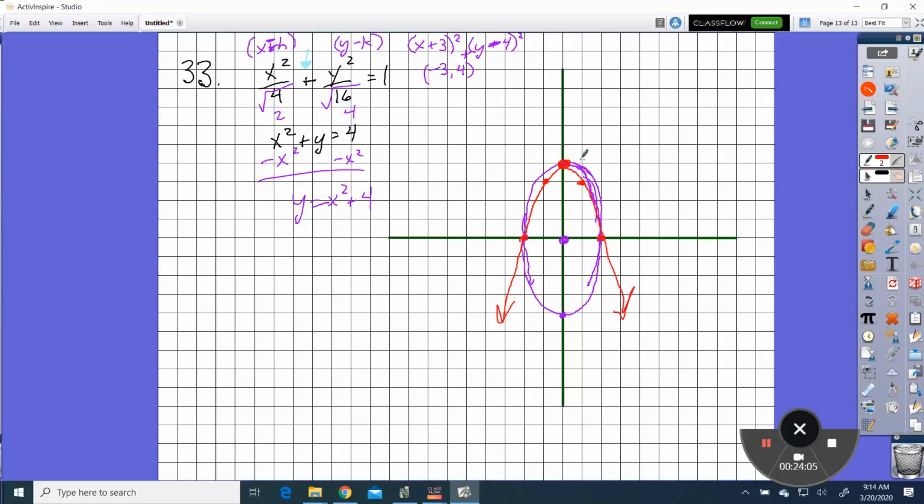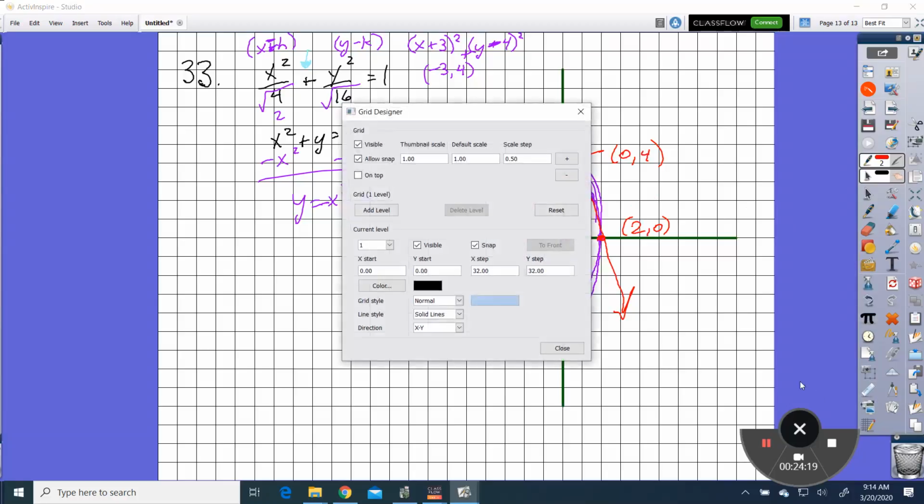So it crosses right here. So there's one intersection point at 0, 4. It meets again here at 2, 0, and it meets again over here at negative 2, 0. So those are my intersection points, and those are my answers to this problem. Okay, so that's how you could do that problem graphically.